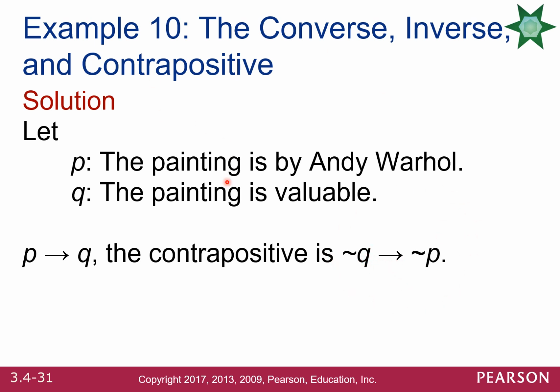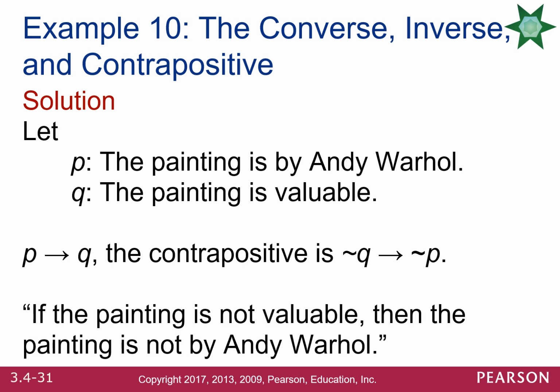That's what contrapositive is. So when we write it in words, it's going to read as if the painting is not valuable, whatever Q is, you have to negate that. If the painting is not valuable, then the painting is not by Andy Warhol. So you have to negate P as well, all right?